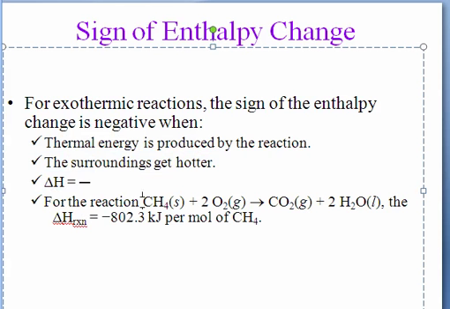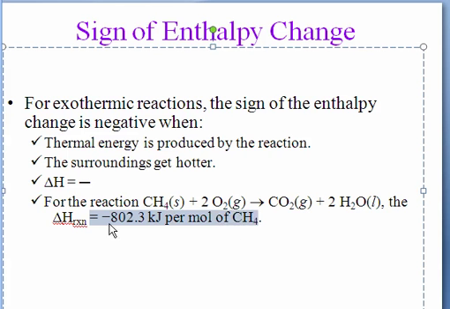So here's an example of natural gas combusting. And we know that when any hydrocarbon, or compound made up of carbon and hydrogen, combusts, heat is always given off. So if we look at this reaction, 1 mole of methane reacting with 2 moles of oxygen to give us 1 mole of carbon dioxide and 2 moles of liquid water, the delta H for this reaction, or the enthalpy, is negative 802.3 kilojoules per mole of methane.